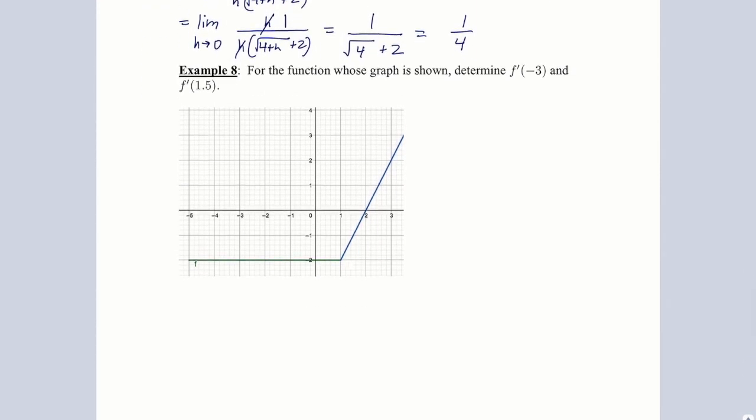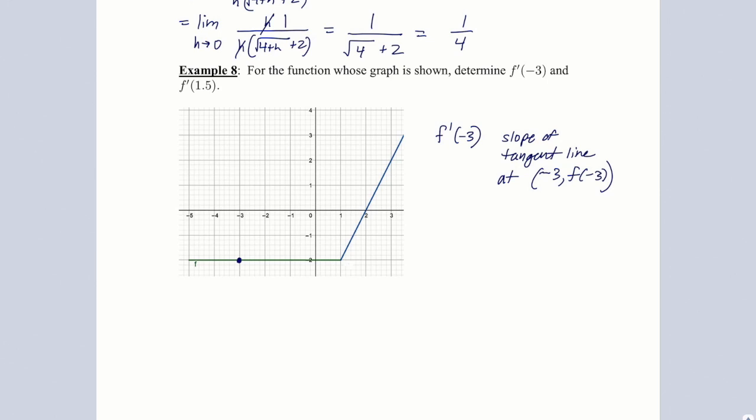Okay, now we have a function, it looks like a piecewise function, and we want to find f prime at -3 and f prime at 1.5. Right, so we want to just remember that f prime at -3 is the slope of the tangent line at -3, f of -3. So if I go to -3, f of -3, I can see that this line is actually just linear.